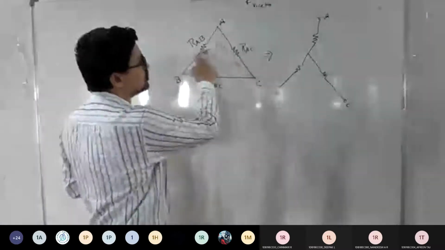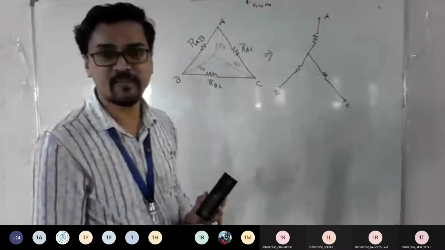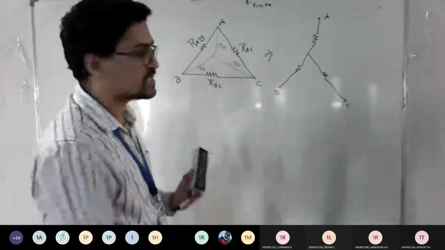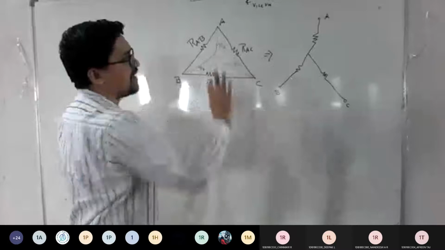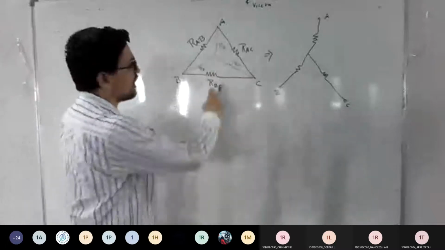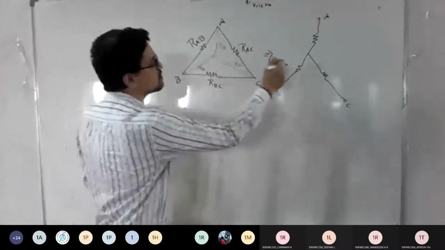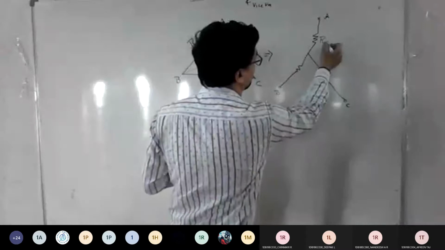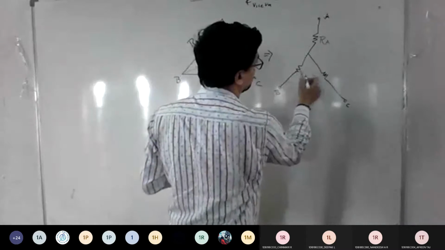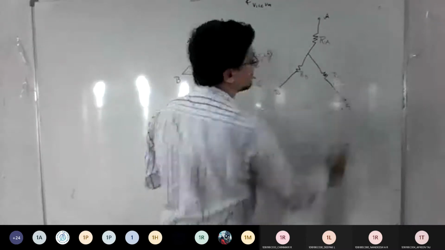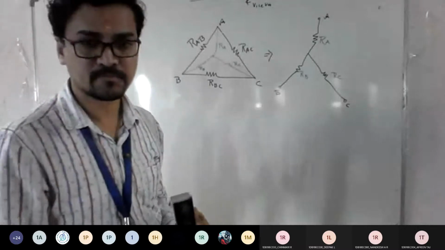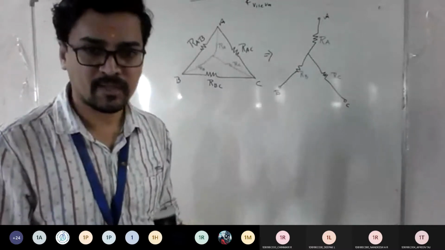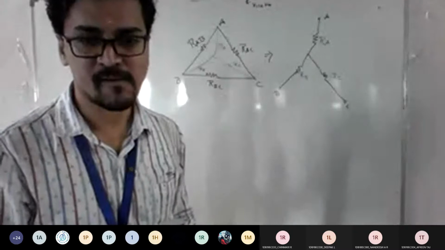So wherever you have two resistors, in between write one resistor and check for what node it is connected. It is connected to A, so RA, RB, RC. So I need to convert this delta to star in this fashion. RA, RB, RC. Am I clear till here to everyone?